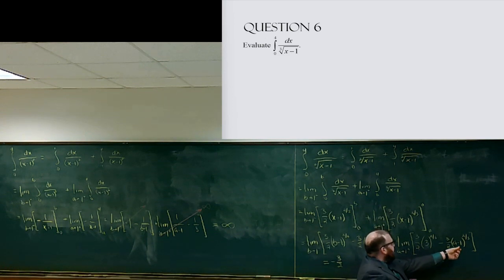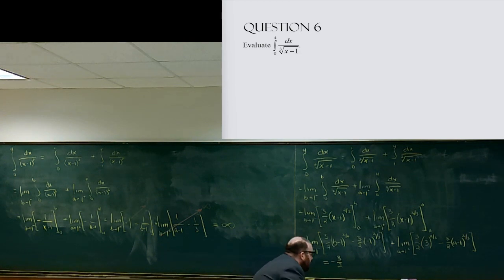What is this limit as A approaches 1 from the right? It's going to be 0. We're left with 3/2 times 3 to the 2/3. What is 3 to the 2/3?